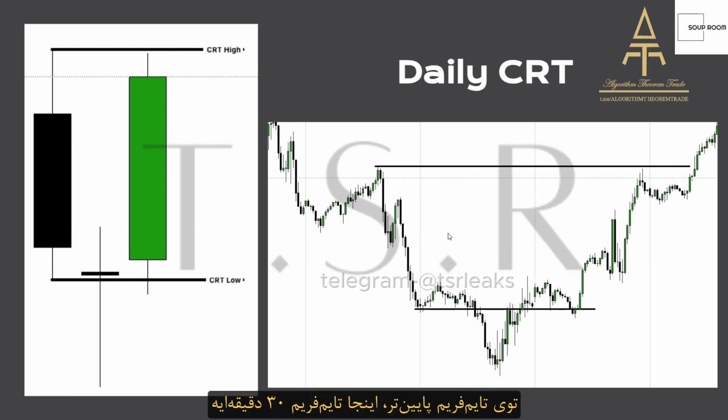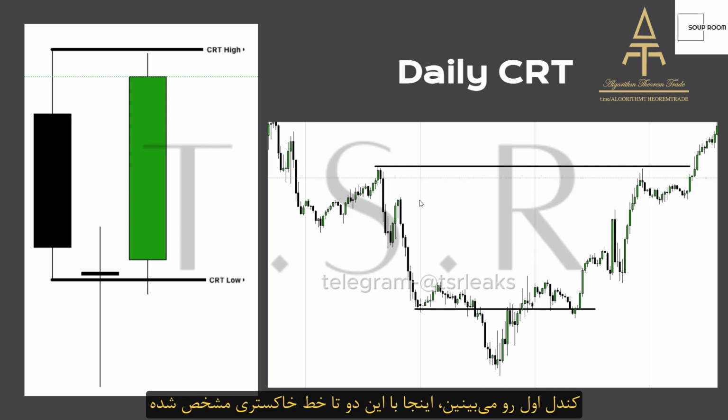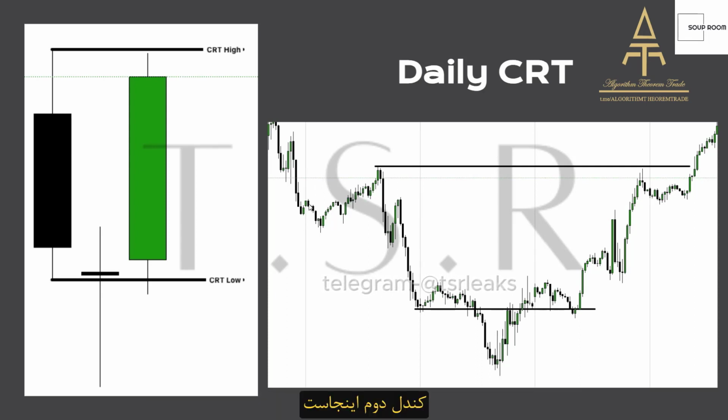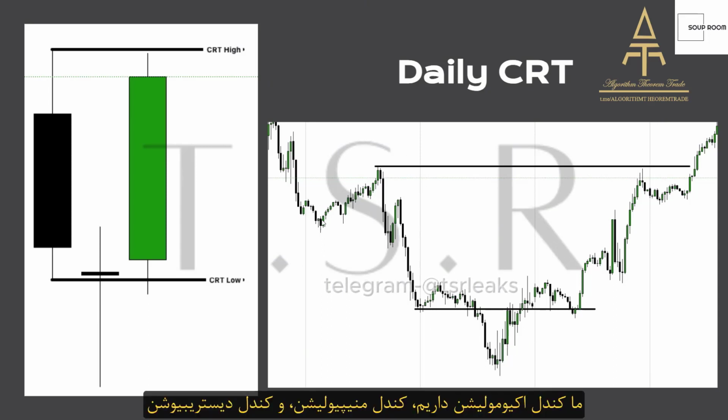On the lower time frame, this is a 30-minute time frame. You can see candle number 1 right here depicted by these 2 gray lines, candle number 2 right here, candle number 3 right here. We have the accumulation candle, the manipulation candle, and the distribution candle.